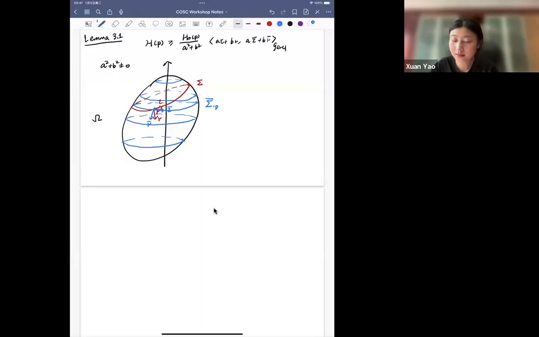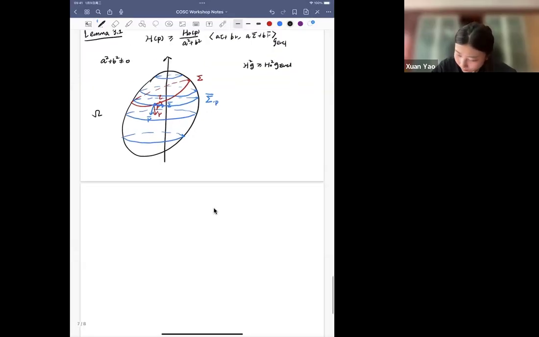This is the idea. And it's actually fine because in the rigidity case, you are looking for some Euclidean domain. So everything here should achieve equality. Okay. So the proof is not so hard. It's basically from the scaled mean curvature comparison.